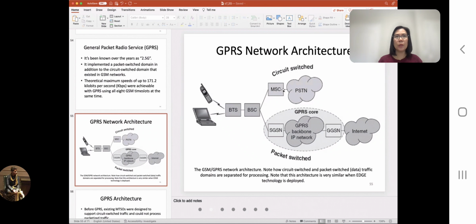Basically, the whole path is reserved for a call. The advantage is that the delay is very low because the whole path is reserved. The disadvantage is that you may be wasting bandwidth.